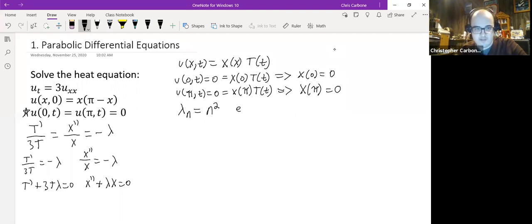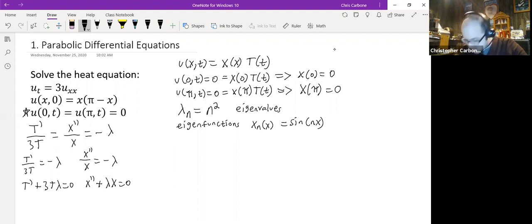And these are our eigenvalues. The eigenfunctions are going to be x sub n of x equal to sine of nx. And here, n is going to be equal to the values of 1, 2, 3, and so on.